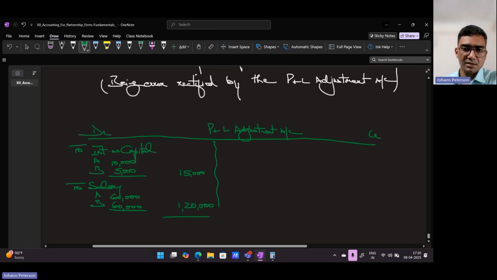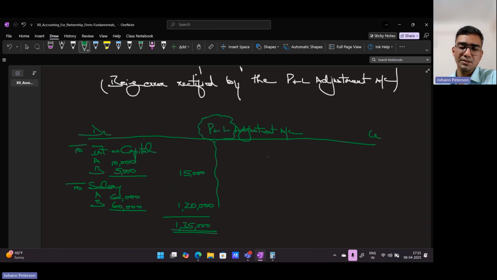So on my debit side, I have a total of 1,35,000. When I have to close this account, think of this as a P&L account. I'm getting a balance on the credit side. So what do I call this? This is my loss. So I will write by loss transferred to A's capital account and B's capital account.